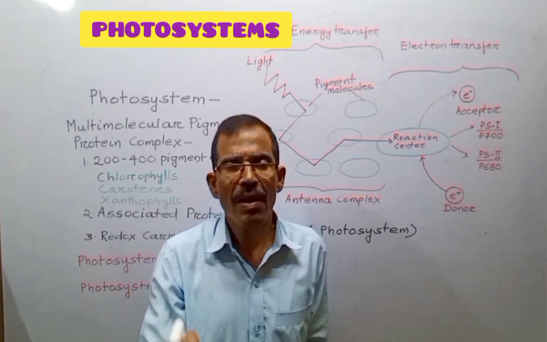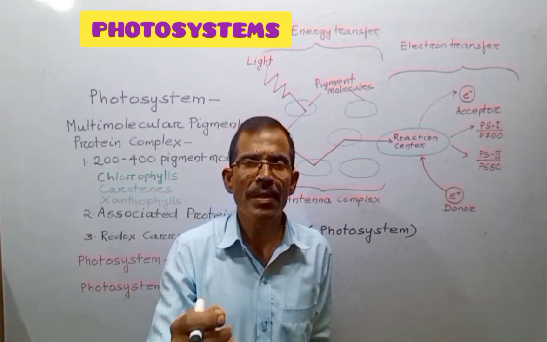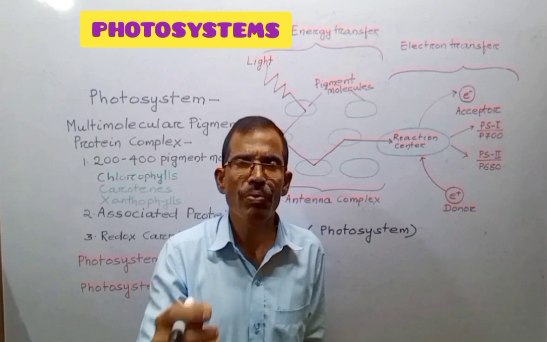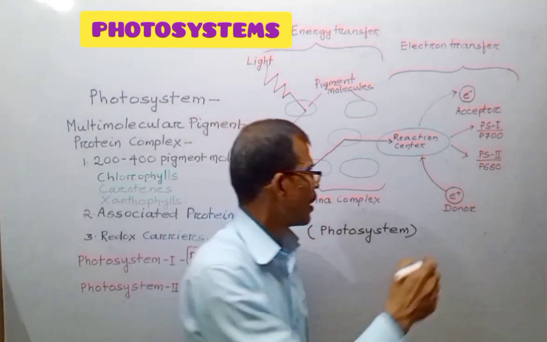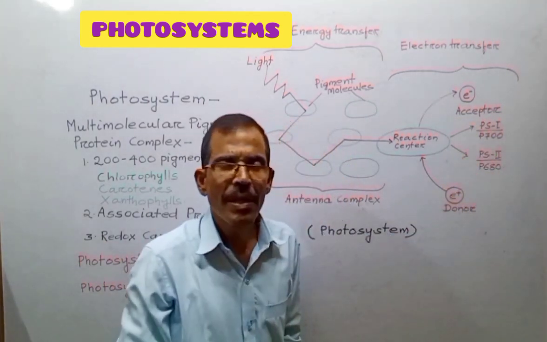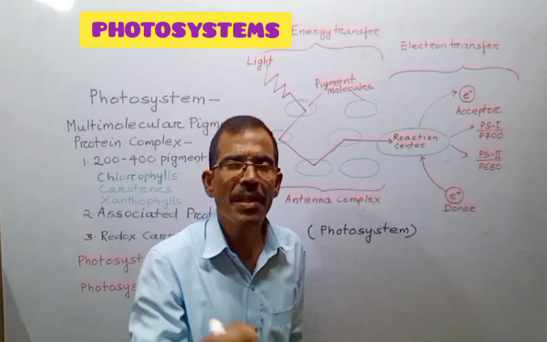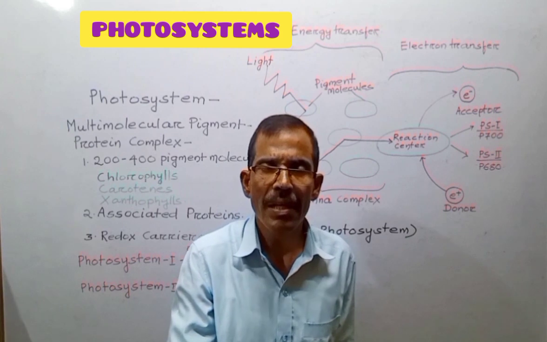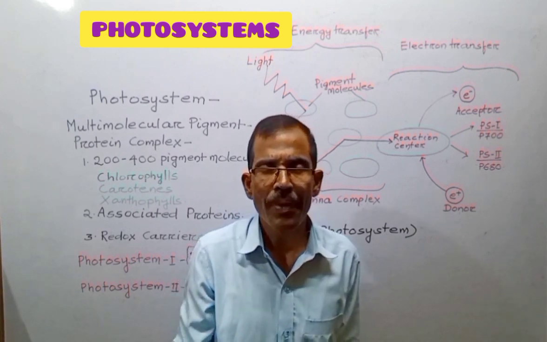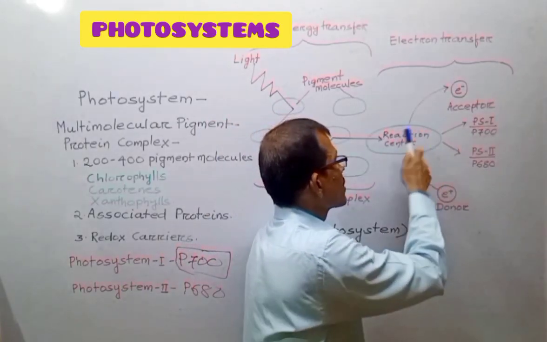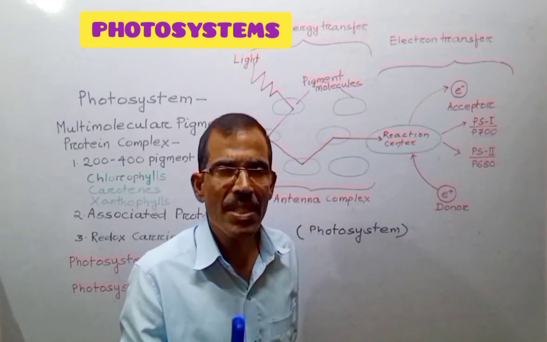It is the longest wavelength, that means the lowest energy absorbing form of chlorophyll in the complex. It is the reaction center where actually the light energy is converted into chemical energy. The reaction center is concerned with electron transfer.